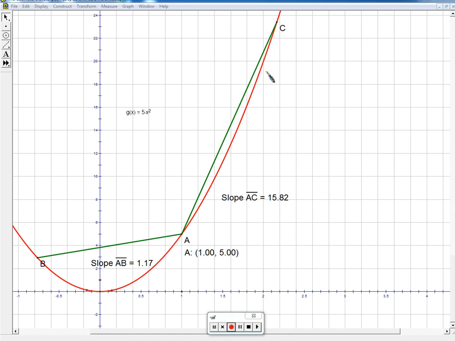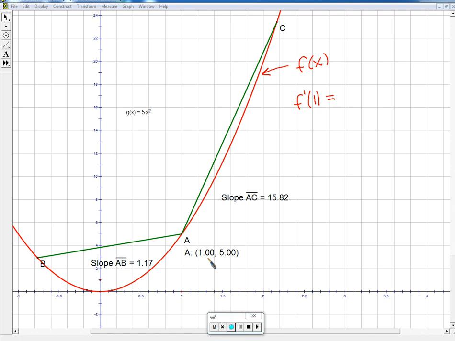So if this is f of x, and I want to find the rate at which f of x is changing, right here at x equal 1, that means I'd be trying to figure out, I'd like to know what f prime of 1 is equal to. f prime of 1 means the instantaneous rate of change, or tangent slope, of f when x is equal to 1. Does anyone have any question about what I just said?